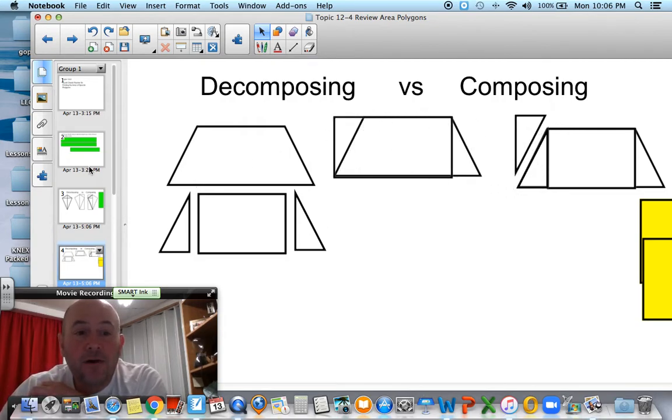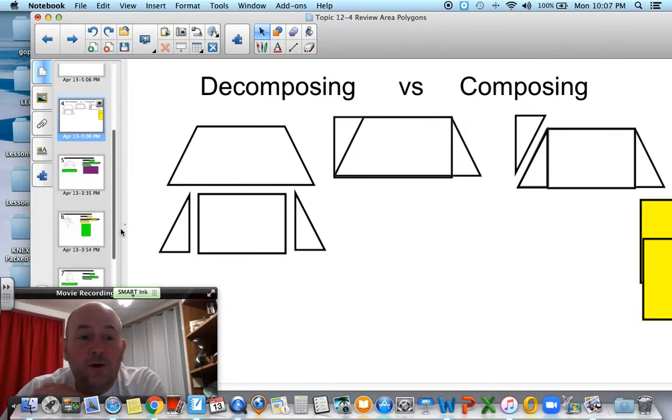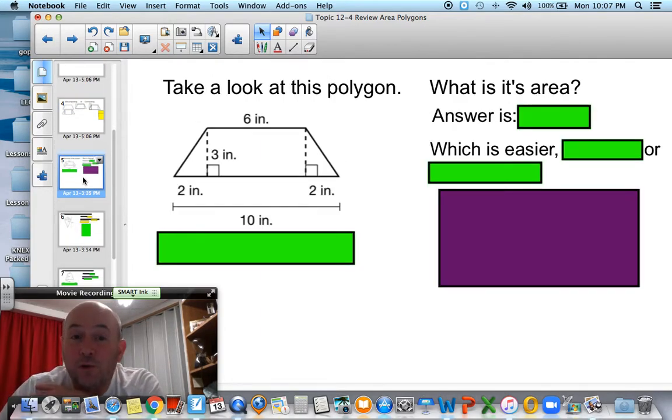Okay. Now, yesterday you were asked to do a quick check, and one of the problems on the quick check was to find the area of this trapezoid. Okay, well, trapezoids are kind of neat.